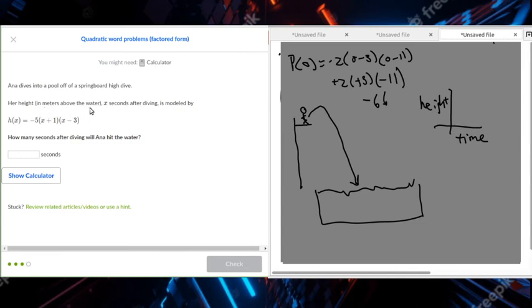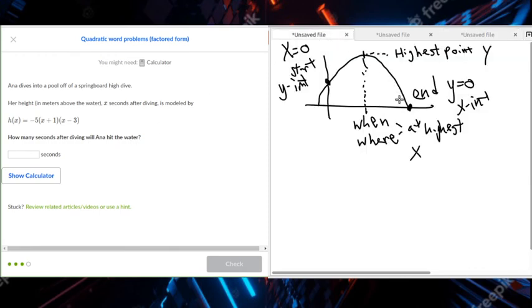Her height in meters above the water x seconds after diving is modeled by this expression. How many seconds after diving will Anna hit the water? So what do we want to know? We want to know the end, when y equals 0. So we want that x-intercept, and we want the bigger x-intercept. When does she hit the water? That's when it ends.